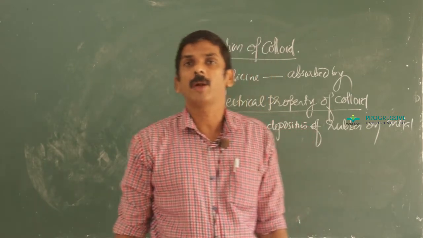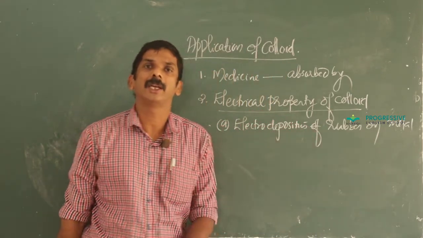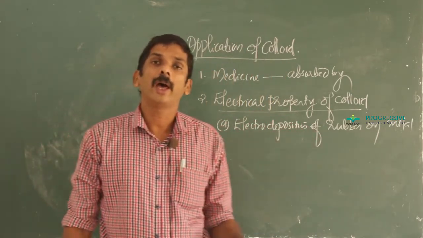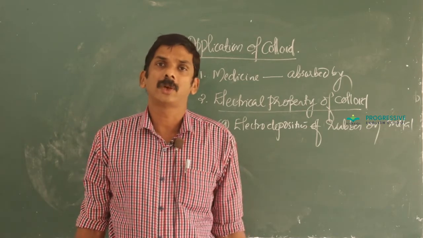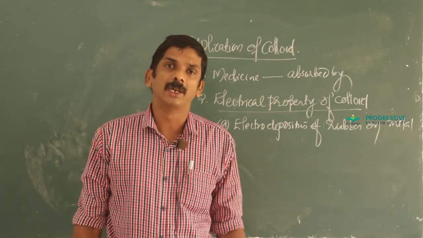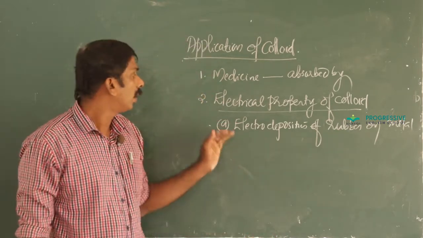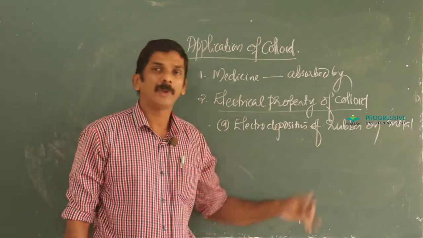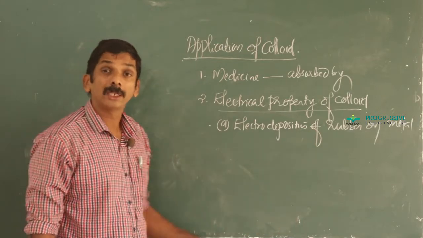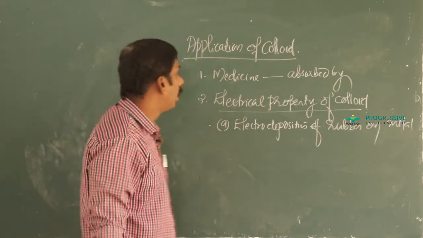Rubber latex is a negatively charged sol, and the utensils or instrument mainly used for electrical work. Rubber is an insulator or bad conductor of electricity. So, electrodeposition of rubber on metal is based on the electrical property of colloid.